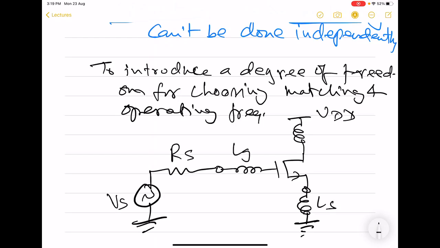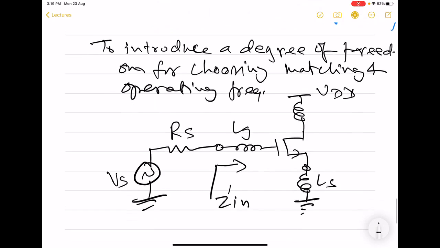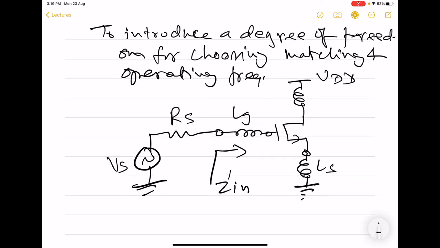So now we would like to know what is this new input impedance, the modified one. So recall that we have already found out the input impedance of the circuit at this reference plane. This part we have already found out.